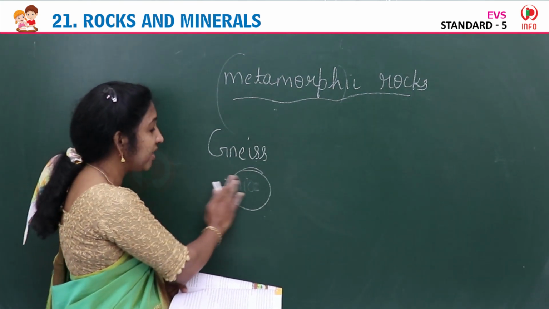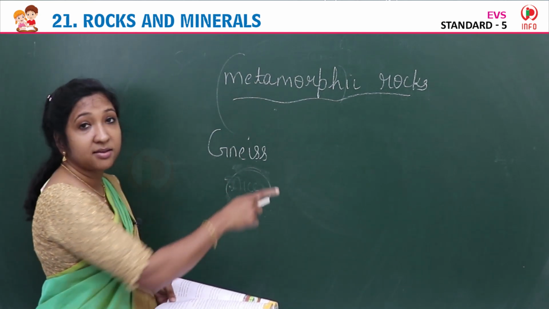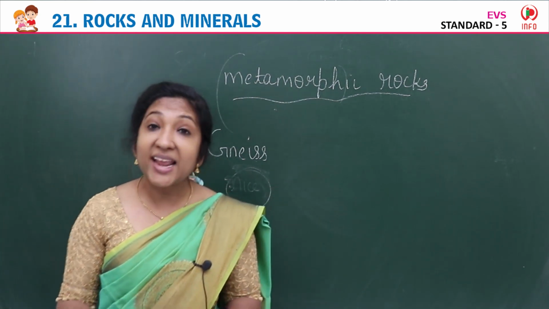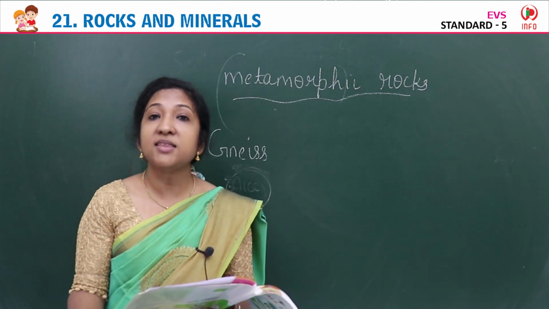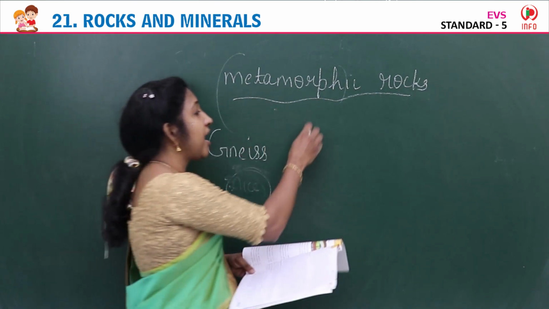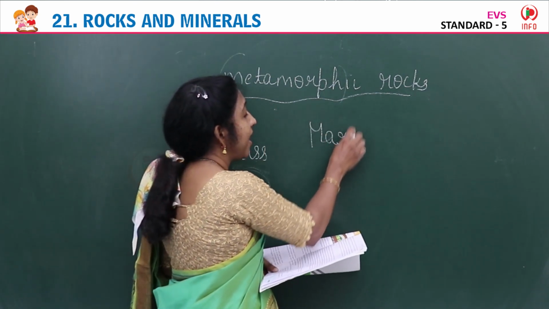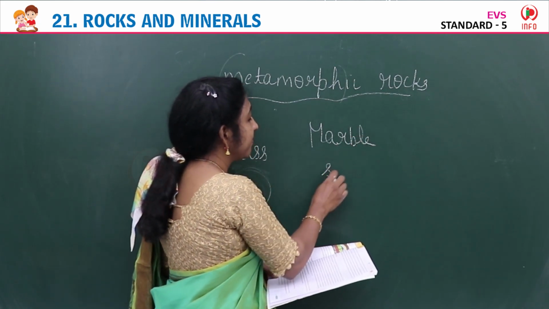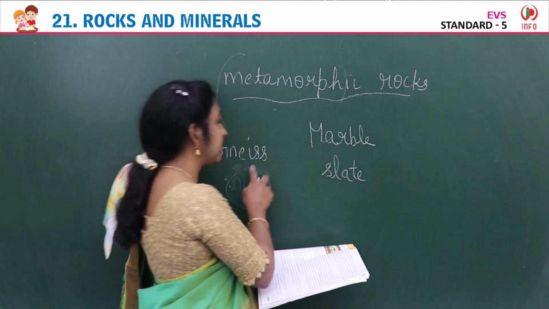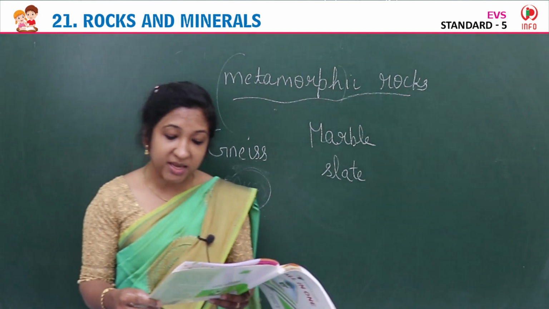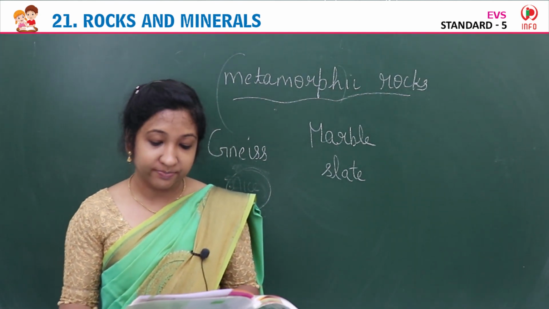So the same way we read this as nice. Nice, slate, marble. These are the examples of metamorphic rocks.